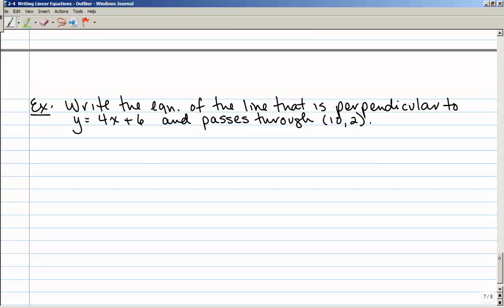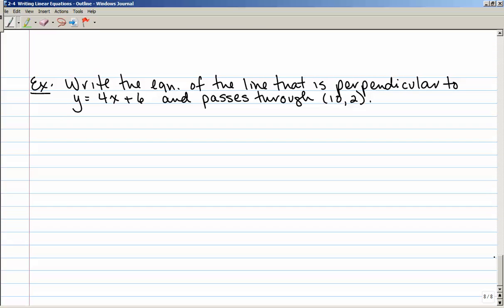Let's take a look at an example that involves perpendicular. Write the equation of the line that is perpendicular to the line y equals 4x plus 6 and passes through the point (10, 2). Remember, if two lines are perpendicular, their slopes are opposite reciprocals of each other.